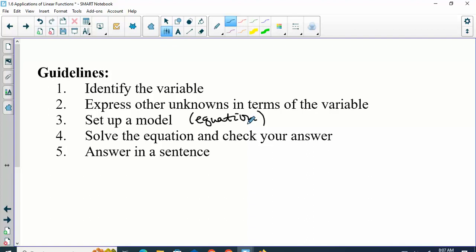You might have a problem where you get a negative, but if you go back to your problem, a negative wouldn't make sense there. So you need to make sure your answer suits the problem, that it is reasonable. And then the final thing, my rule, if I give you a problem in words, you have to answer it in words. So I don't want you to end with x equals 4. I want you to write a sentence answering the question that I asked you.